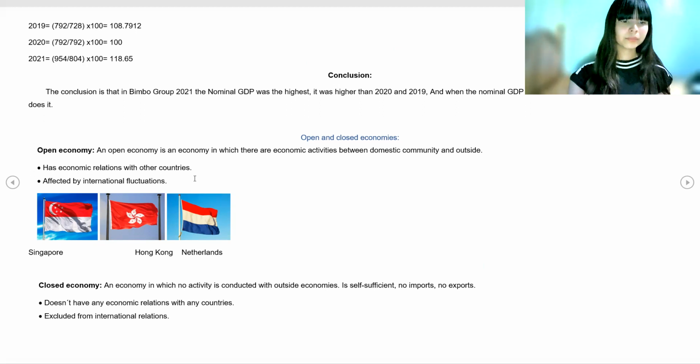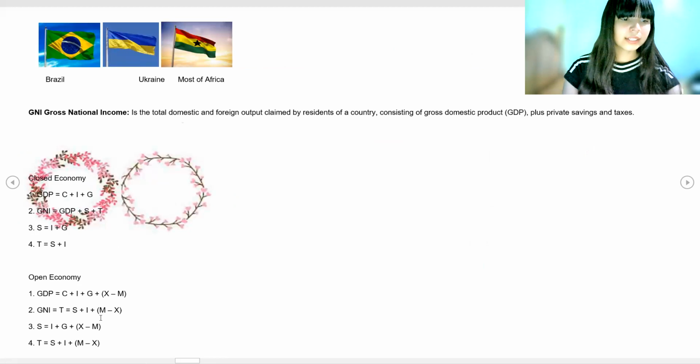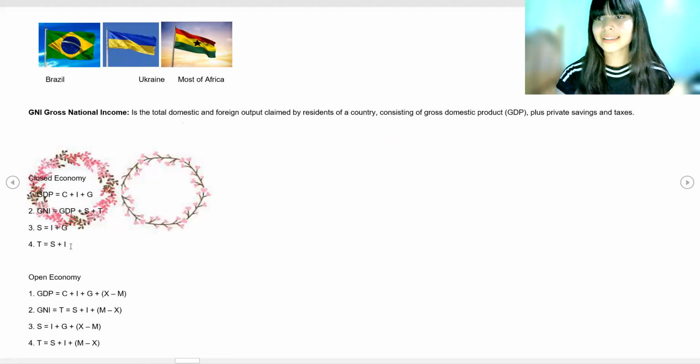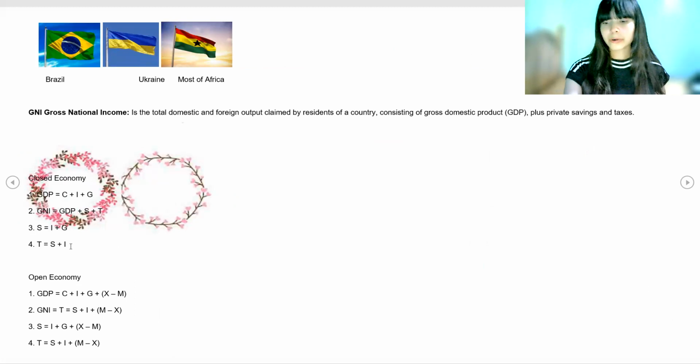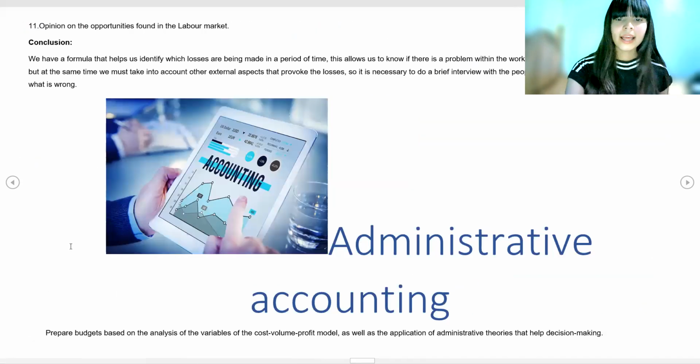So in a problem, we can understand that if there is an export and import, we can use the correct formula to solve the problem.